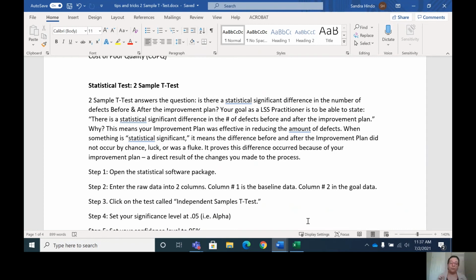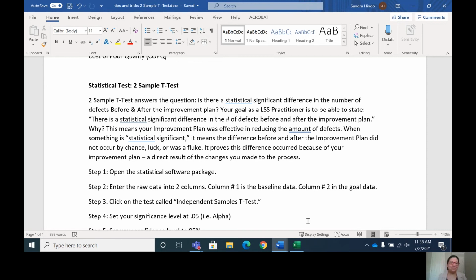But I'm going to demystify and show you how easy it is to conduct a two-sample t-test via the statistical software package, Sigma Excel. So let's get to it. Again, this is the most common one, so take advantage of this video and master it.